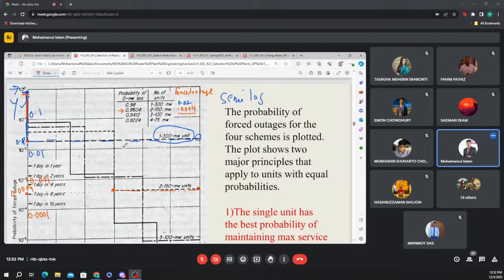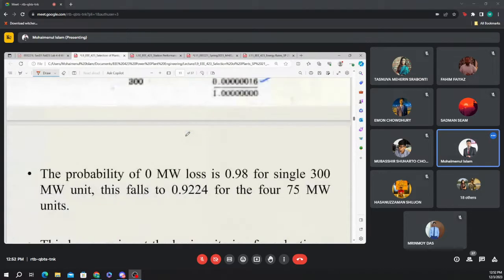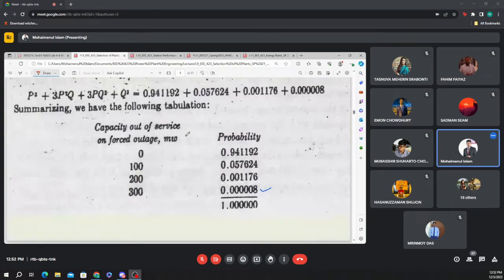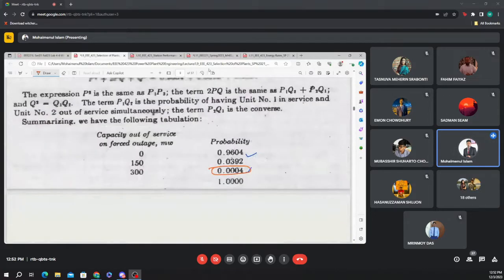And you see the value between 0.01 and 0.1, that value should be this point. Sorry, not this one, this one.